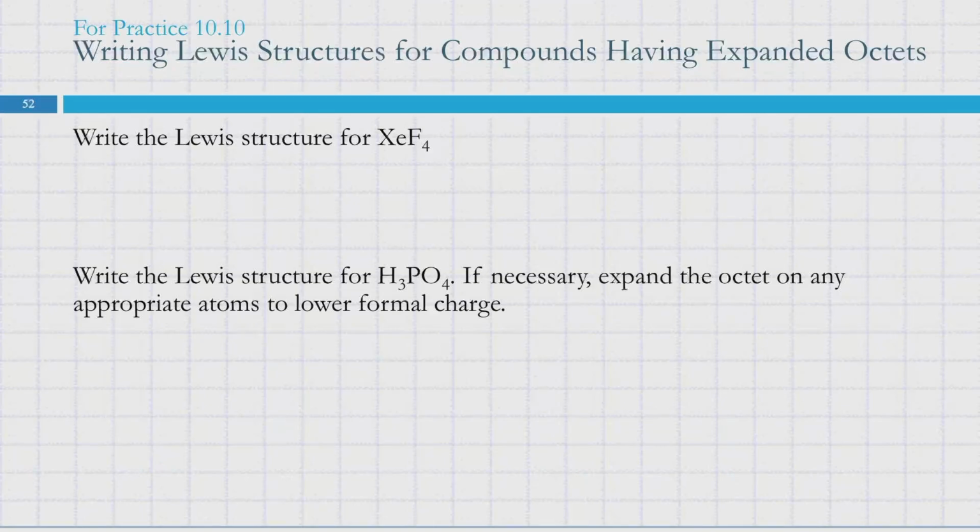All right, try writing a Lewis structure for xenon tetrafluoride. You can also try writing a Lewis structure for phosphoric acid. It's going to look similar to that sulfuric acid one that we saw in the previous slide. The hydrogens will be bonded to oxygens.